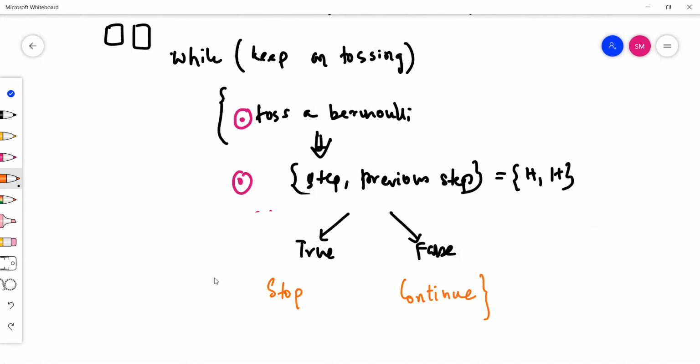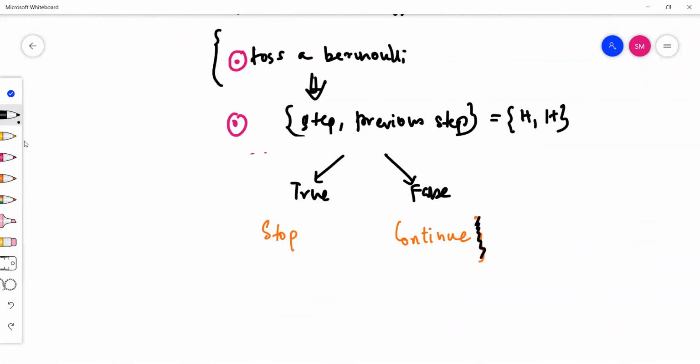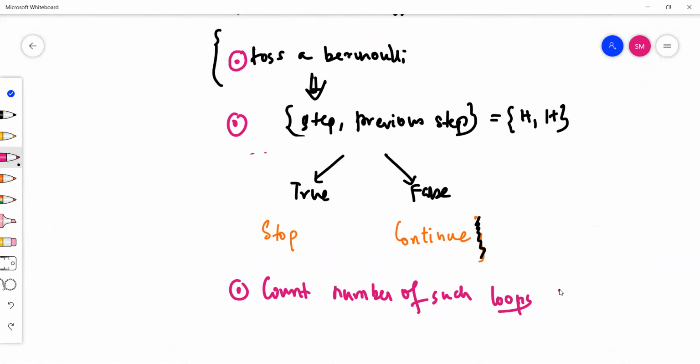This is the main idea. And every single step you need to count the number of such loops before it stops.